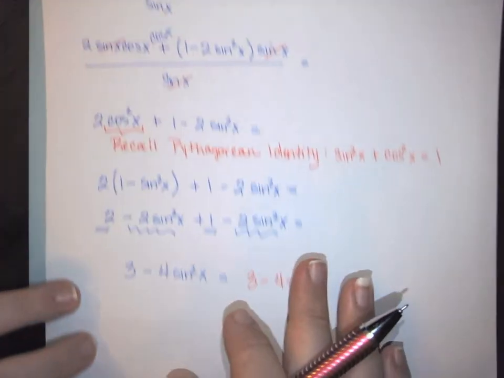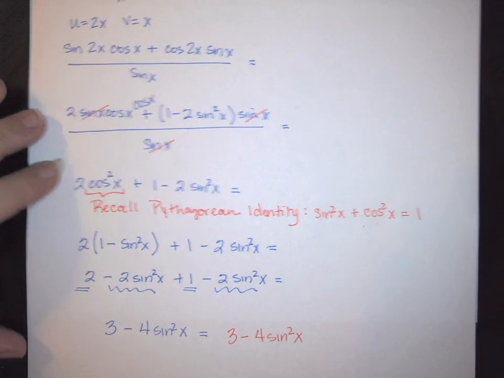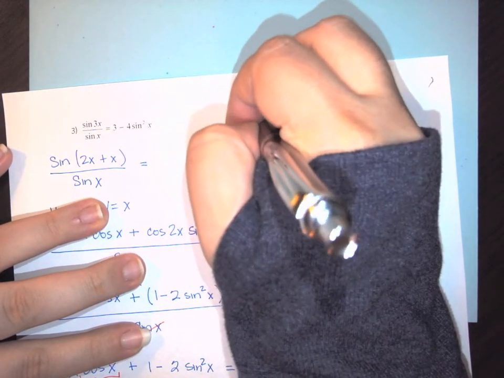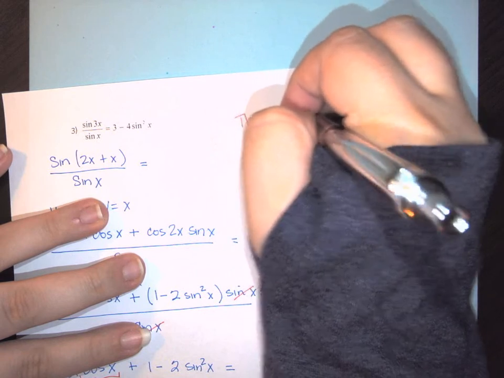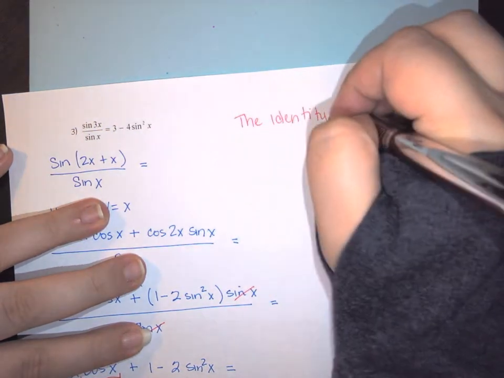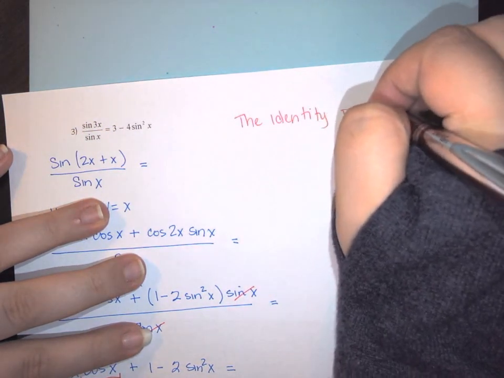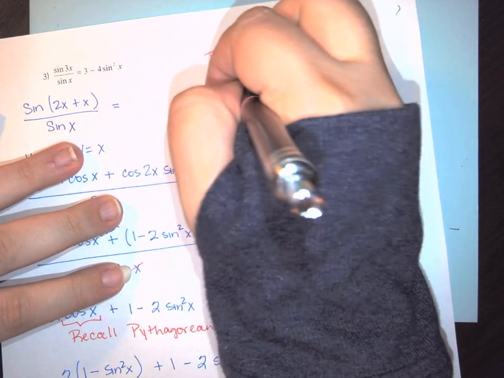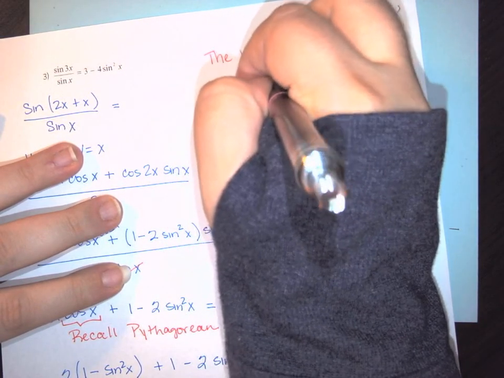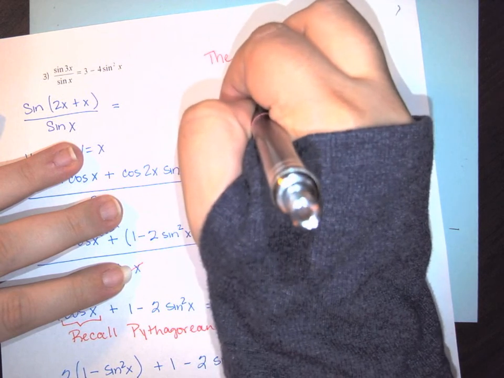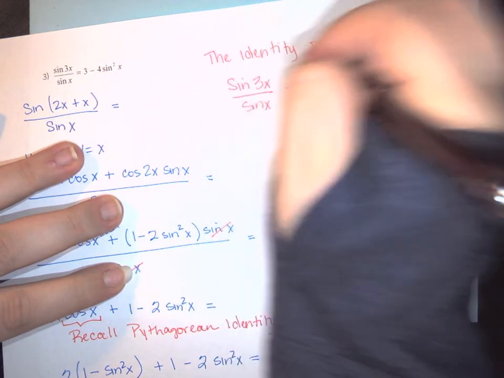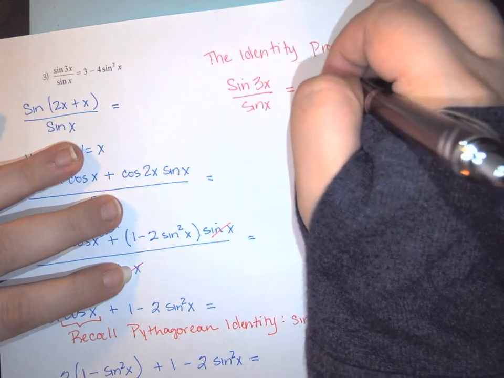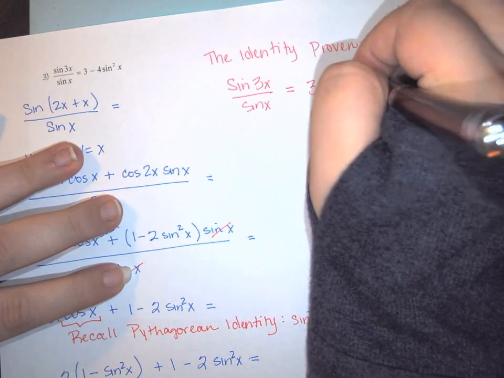Okay. So again, when we looked at it, the identity that we proved was that 3 sine of 3x over the sine of x equals 3 minus 4 sine squared of x.